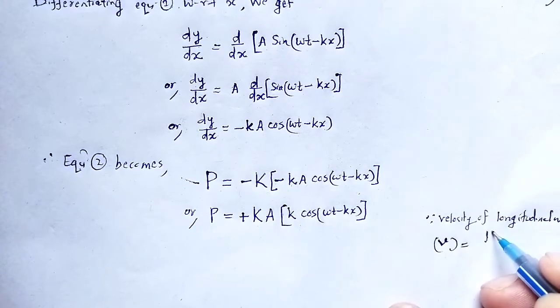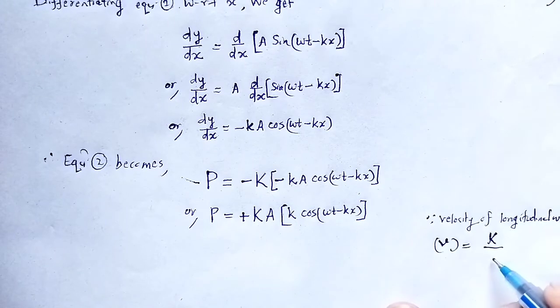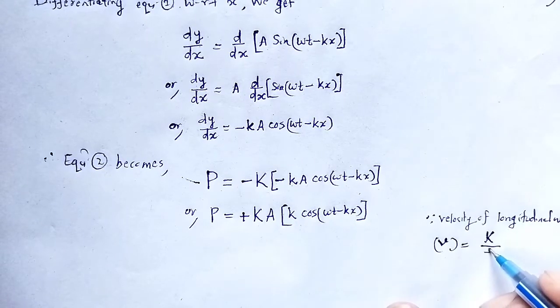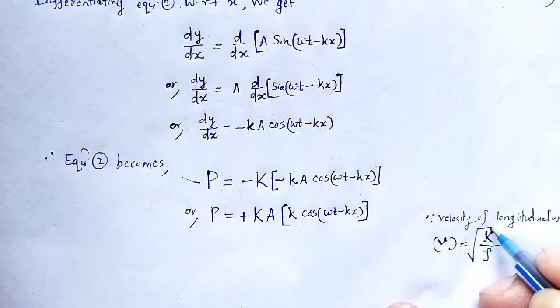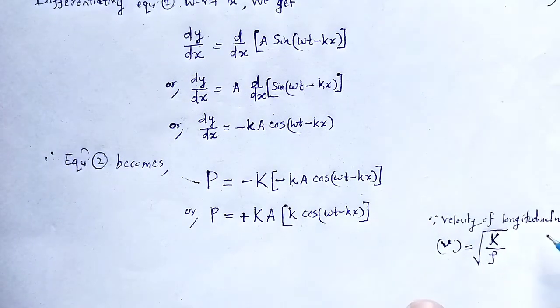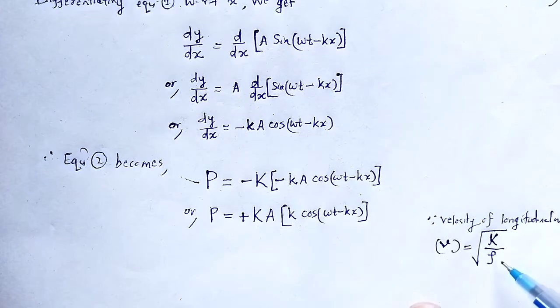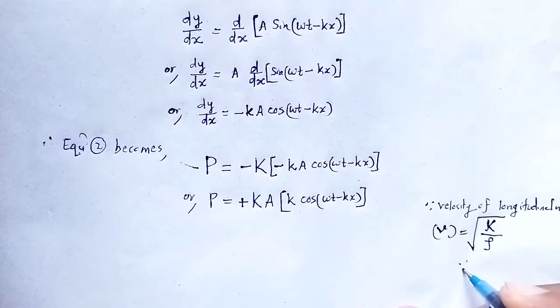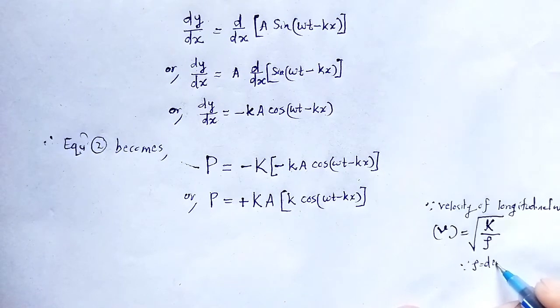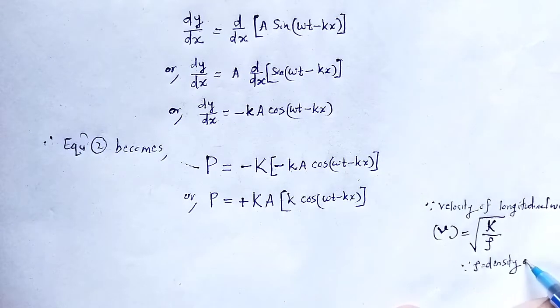One is the bulk modulus, another one is the density of the medium rho. The relation is: velocity of longitudinal wave v is equal to the square root of bulk modulus divided by density of medium, where rho is the density of the medium.